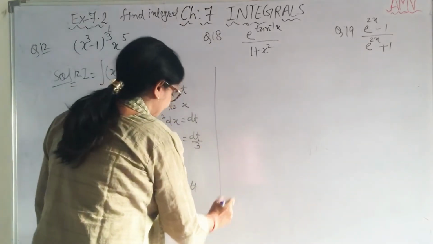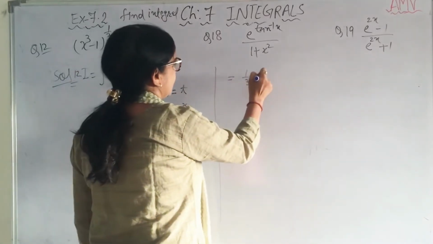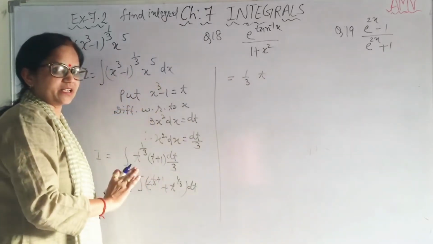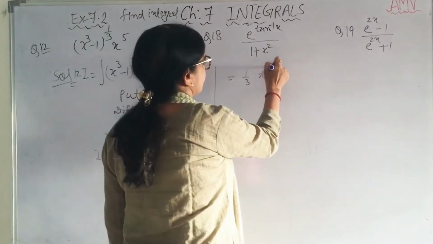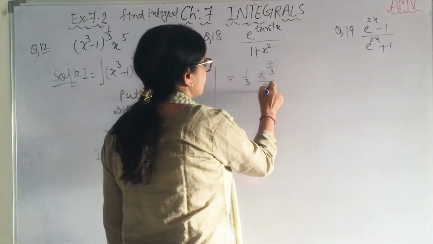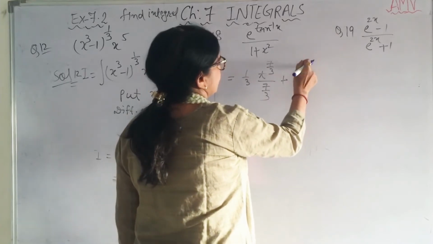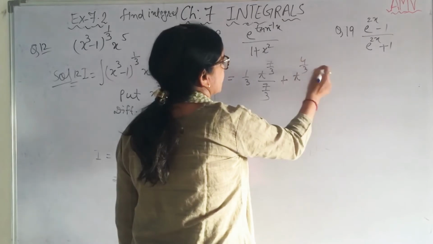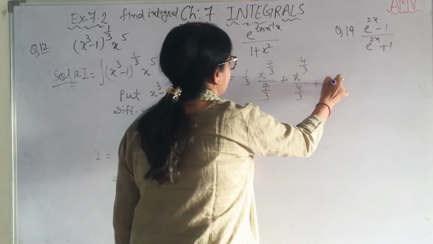Now the integration is 1 by 3 times t raised to 4 by 3, plus 1 you will get 7 by 3, and here also 7 by 3, plus t raised to 1 by 3 plus 1, that means 4 by 3, in the denominator 4 by 3, plus c.